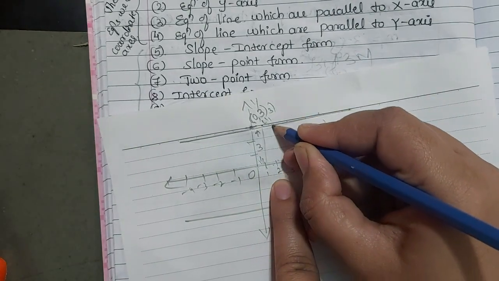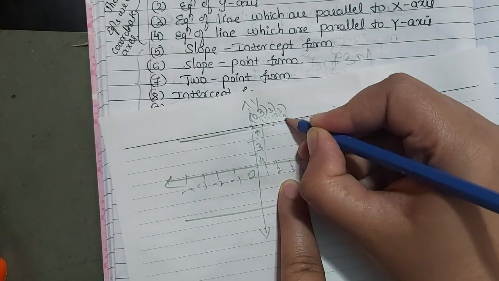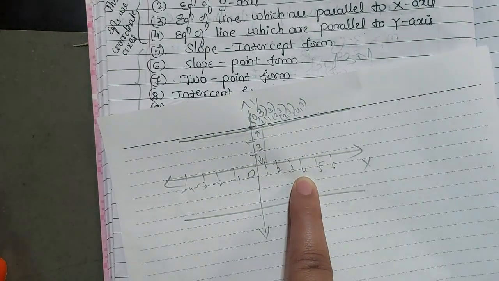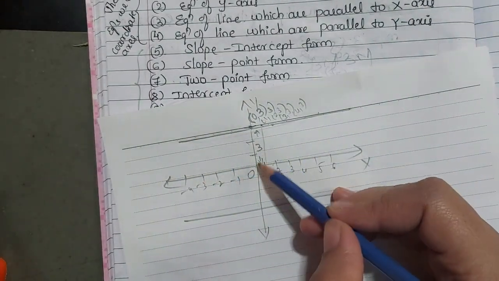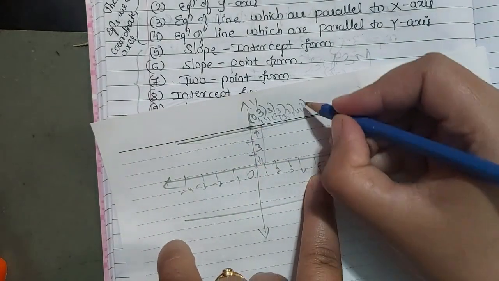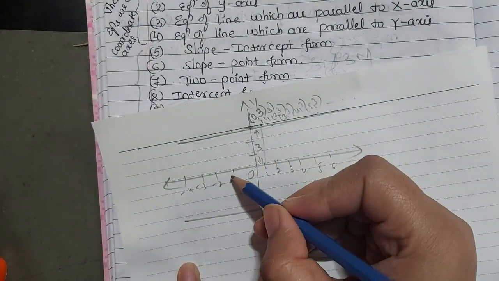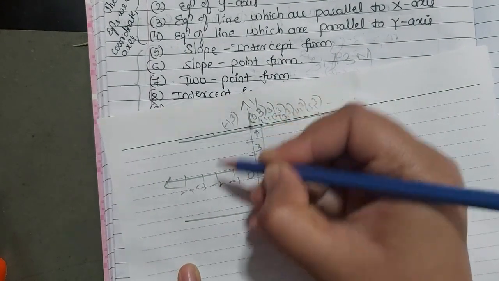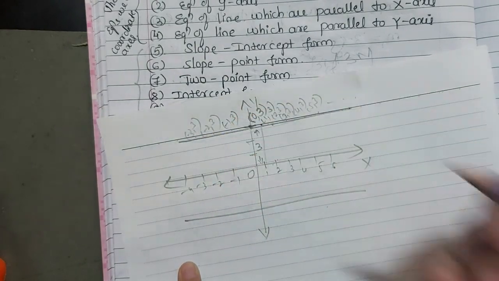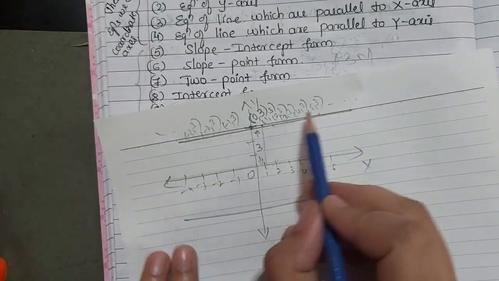Here x is 2, y is 3. x is 3, y is 3. x is 4, y is 3. Because that distance is fixed here, that is constant. So x is 5, y is 3, and so on. Similarly, x is -1, y is 3, x is -2, y is 3, x is -3, y is 3, and so on.